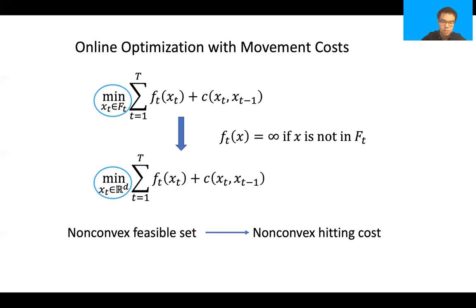However, if the feasible set is non-convex, this will lead to non-convex hidden cost, which provides a motivation for us to study non-convex hidden cost. In the next few slides, I will introduce some applications of online optimization with movement cost, as well as the motivation of studying non-convex hidden cost.